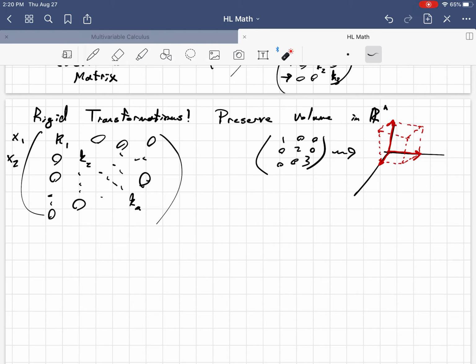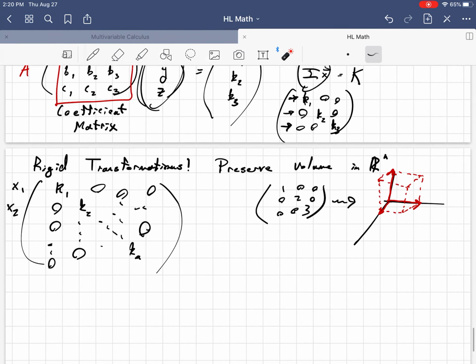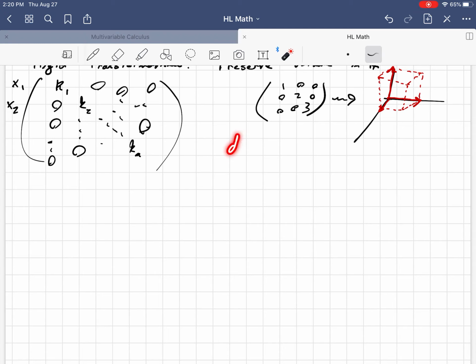And since we went from a parallelepiped to a rectangular prism using only rigid transformations that preserve volume, that means the determinant of the original matrix is equal to the volume of the rectangular prism.